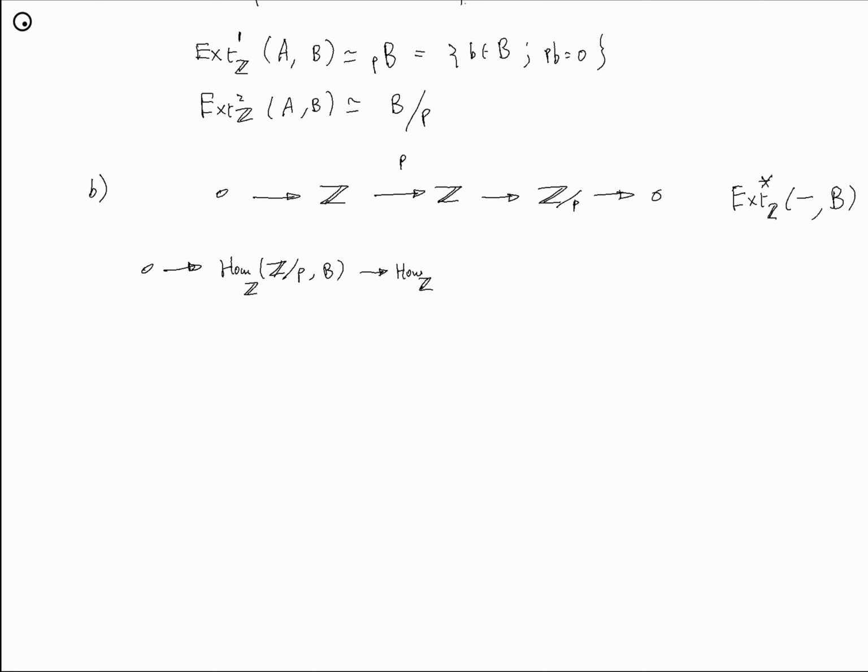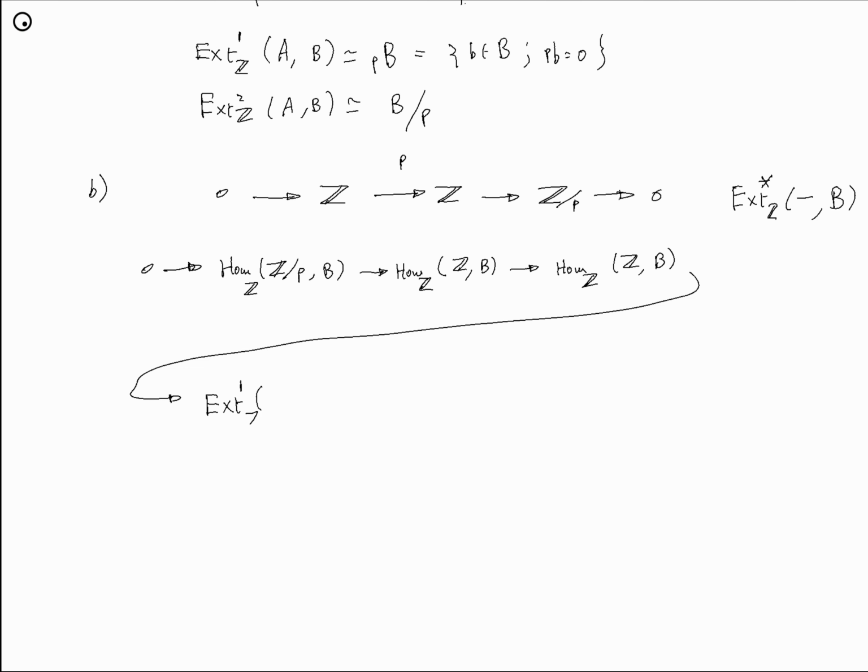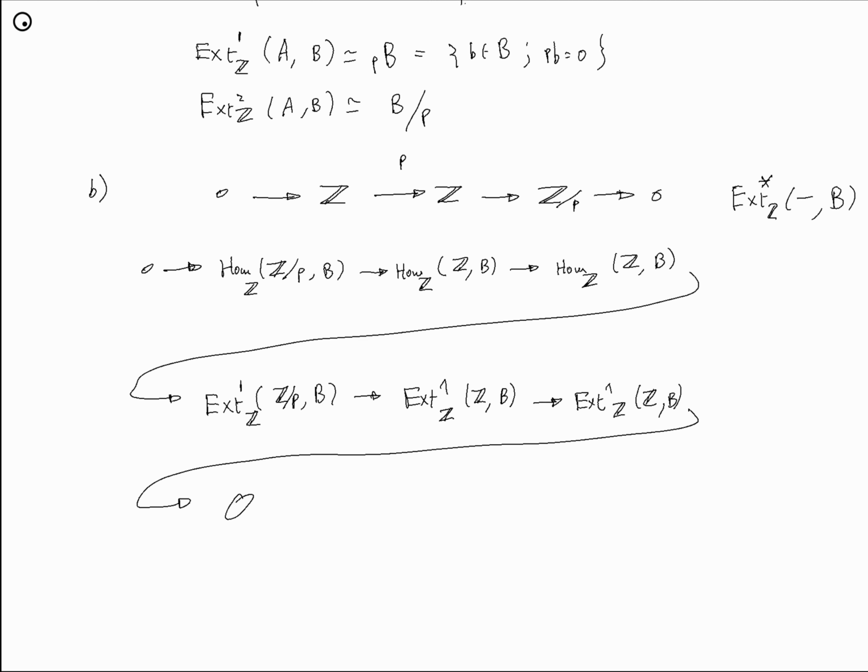This is like Ext^0. And then you have Ext^1. And then you have Ext^2, and so on, but we know all the Ext^2 become 0.